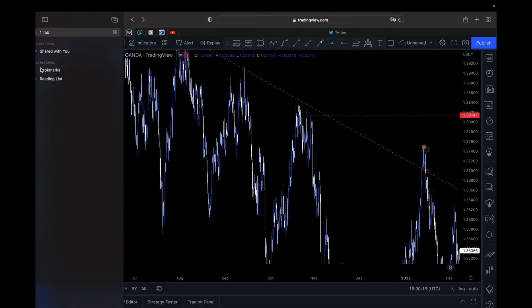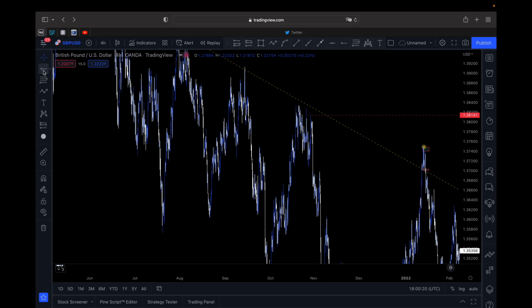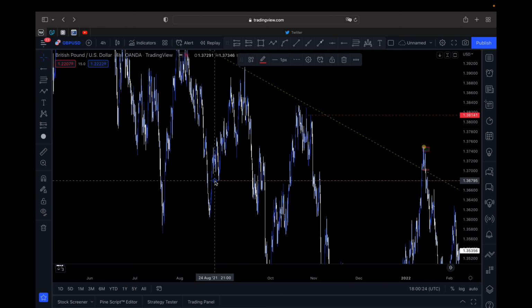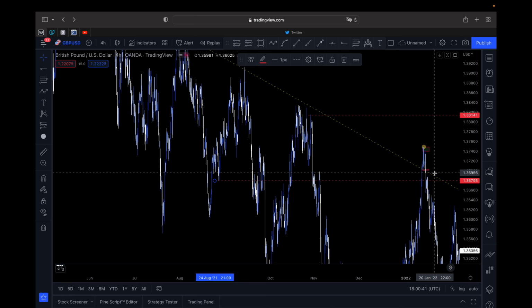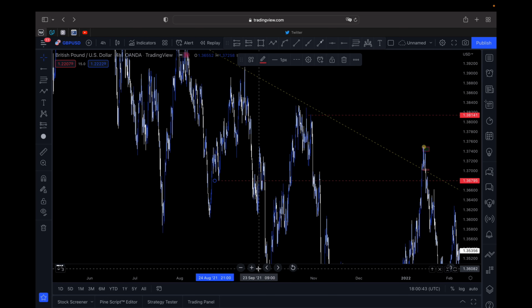If I want to buy, I should be waiting for price to get to this support level here and create, and I will move to the lower time frame and wait for price to create the higher lows and the higher high on the lower time frame before picking my entry.